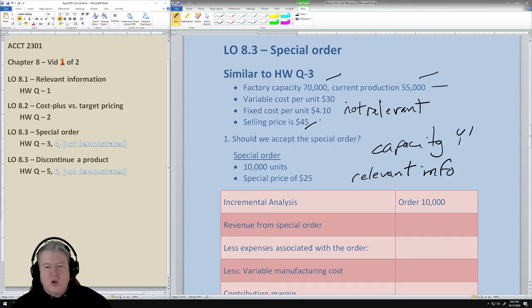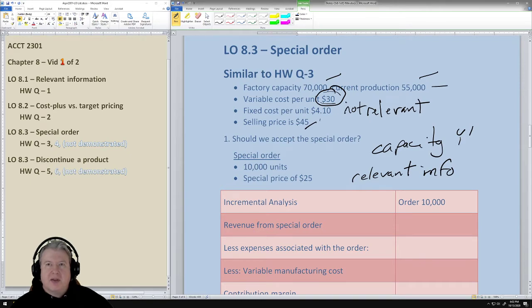So really the only costs that you have to cover are going to be the variable costs. That's like saying, remember we were talking about a little bike production shop. Let's say we have a capacity of 100 and we're making 80 this month, so we have 20. Someone wants to come in and buy 10 extra.